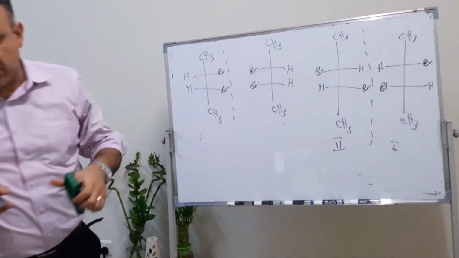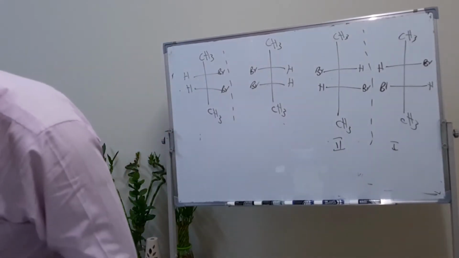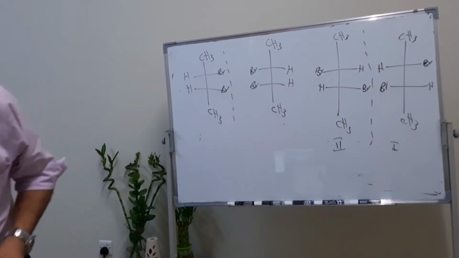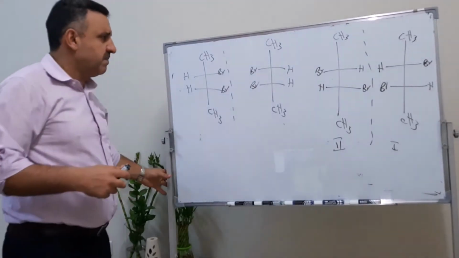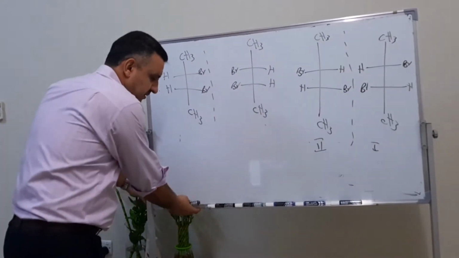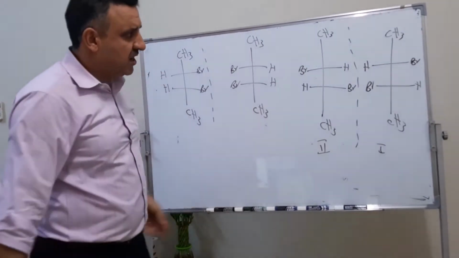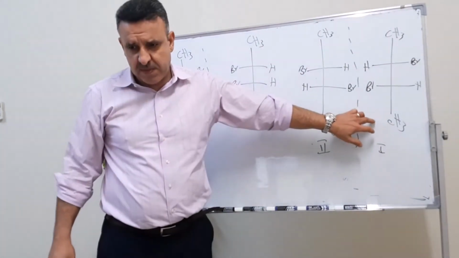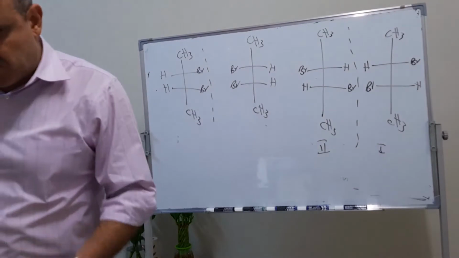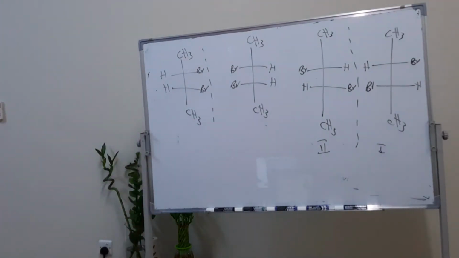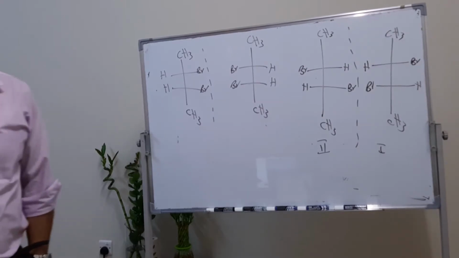Now, first of all, let's just remind you what would be the name of each compound. What's the name of the first compound, guys? Would you please give the name of the compound? If I ask you for the IUPAC name of the first compound, what would it be?